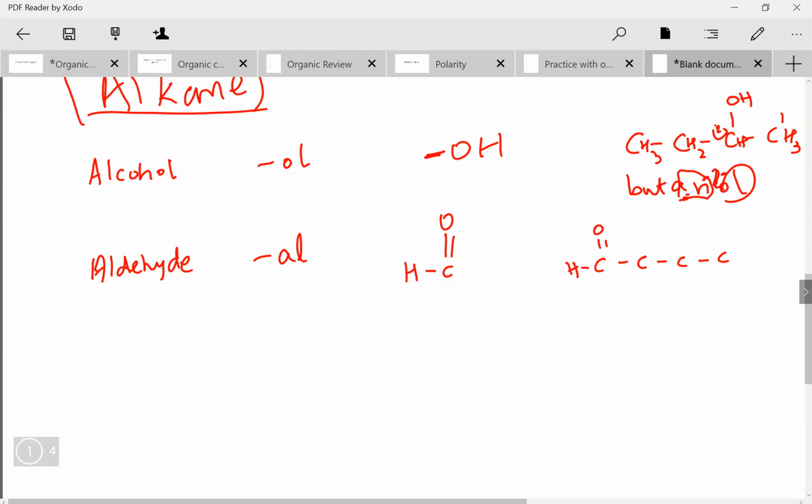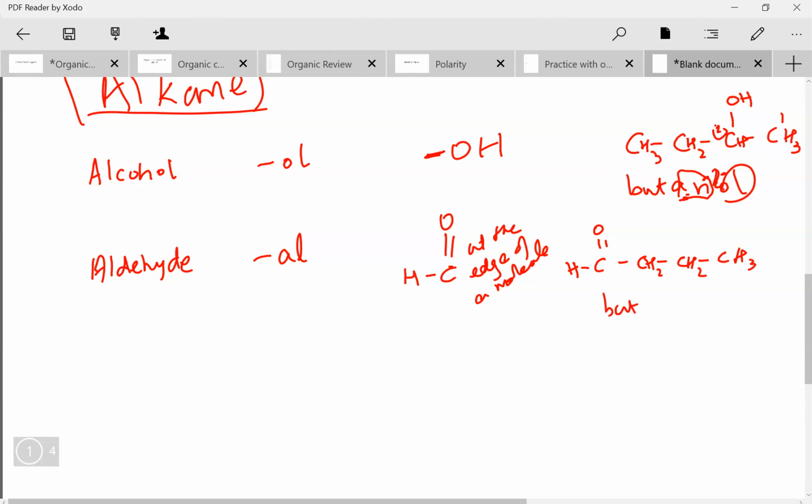Basically, if you have a C double bond O at the edge of a molecule. So this is at the edge, so that H is necessary because this carbon only has 3 bonds, so it needs that one. Then you just fill in your hydrogens as usual.